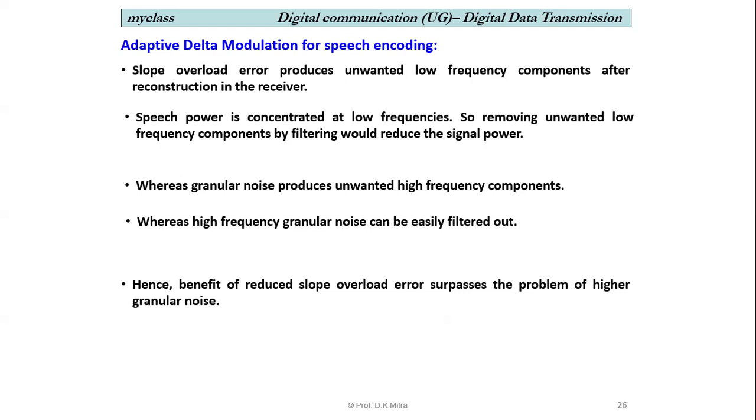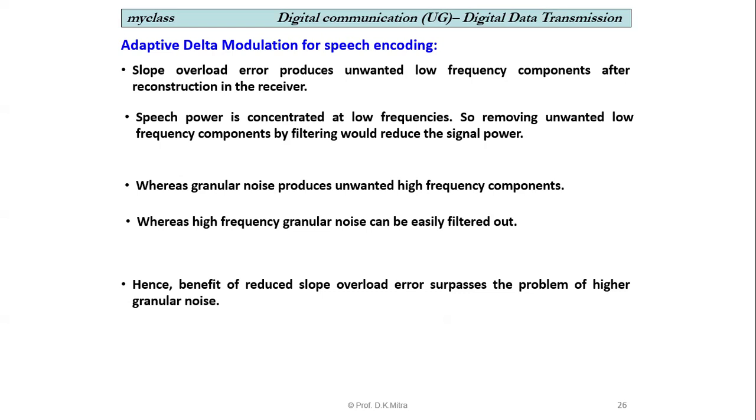And on the other hand, it decreased the slope overload error. By decreasing the slope overload error, there was not much disturbance in the lower part of the frequency range.